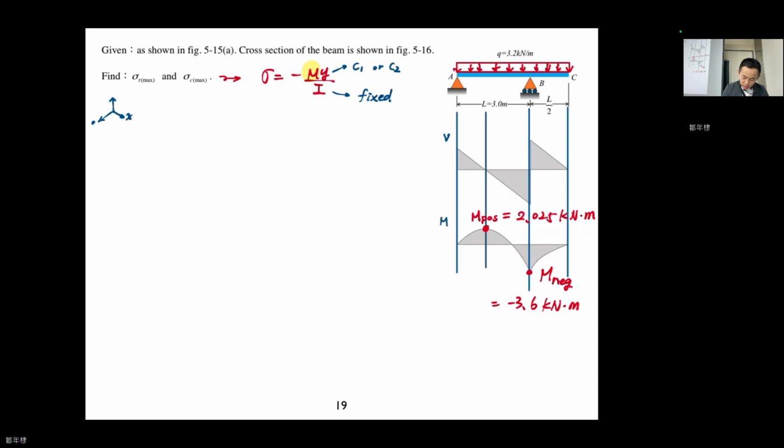This is X, Z, and this is Y. So I'm going to draw it. It's really difficult.